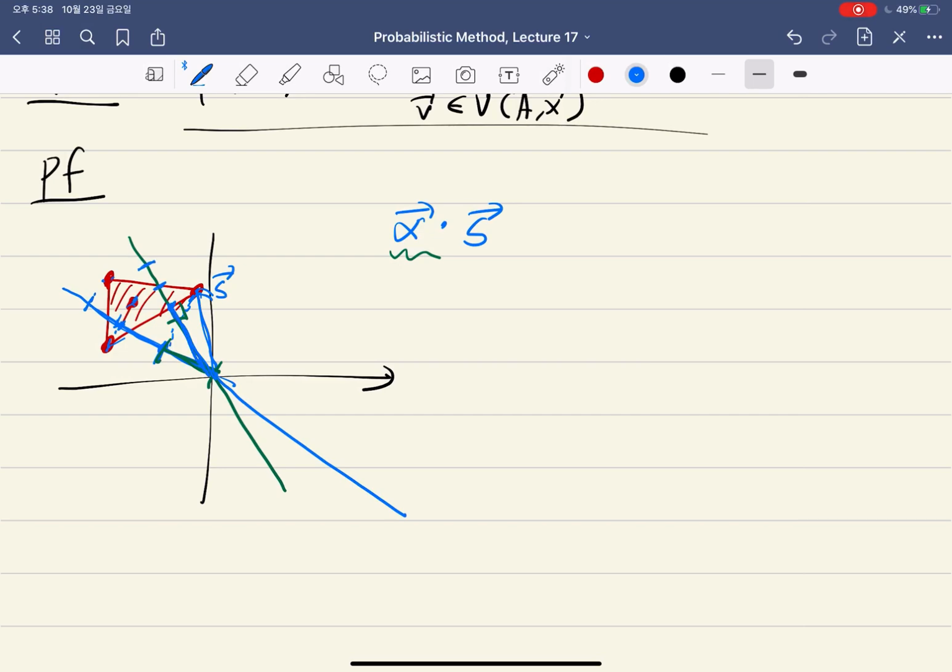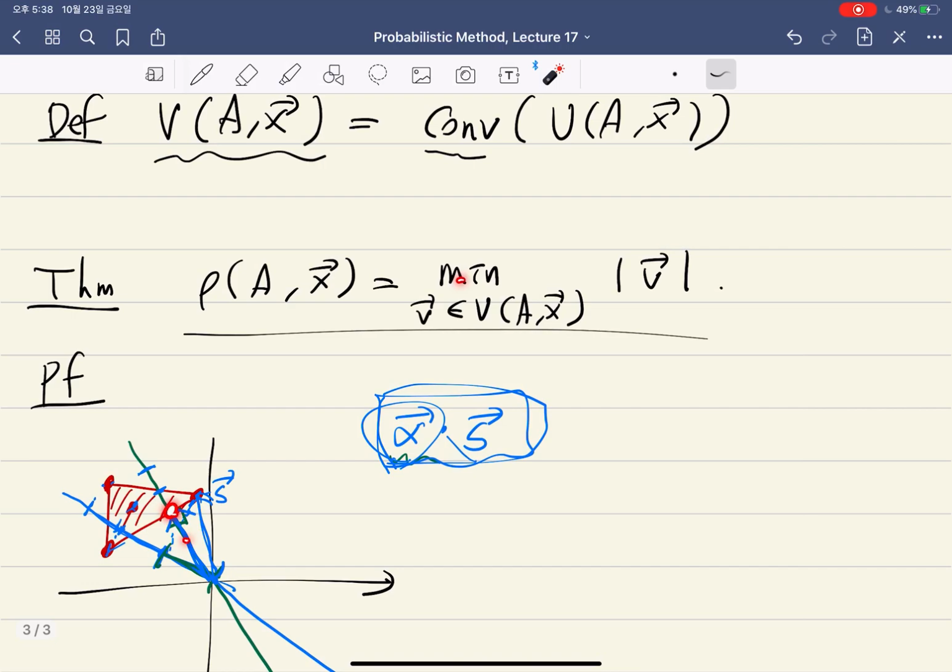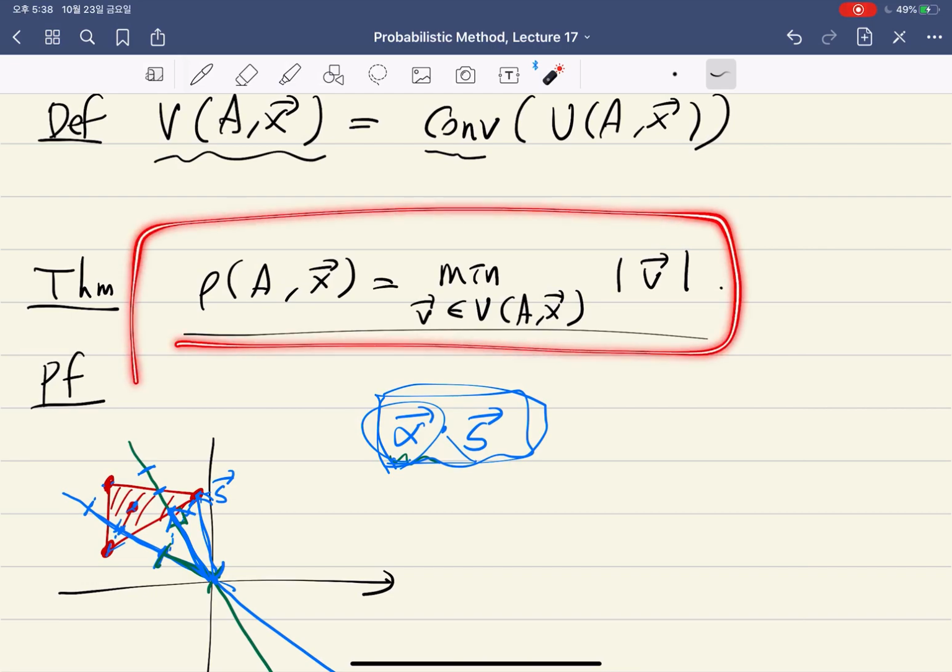So this dot product is the smallest. So in the worst case, it's the biggest dot product among all alpha, where you take the smallest choice of this vertex. And that's exactly where, in this convex hull, you choose the one with the smallest norm, which is the distance from here to 0. So hopefully that provides some intuition why this should hold.